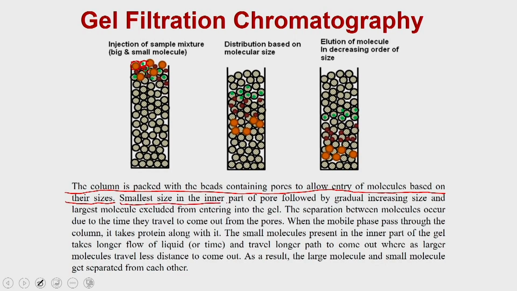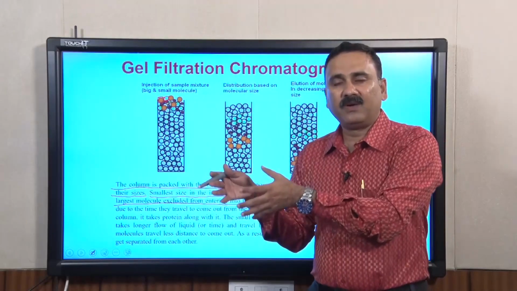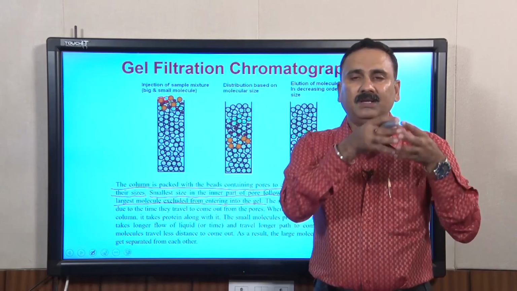So, the smallest size in the inner part of the pore, followed by gradually increasing size, and the largest molecule excluded from entering into the gel. This means here also the molecules are going to be distributed from the outside buffer into the buffer which is present inside the pores.